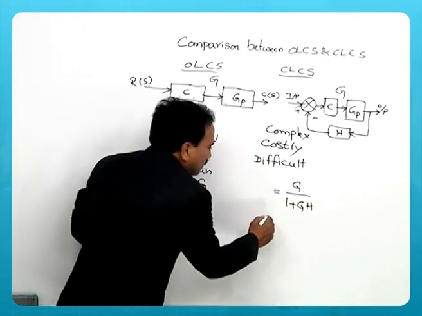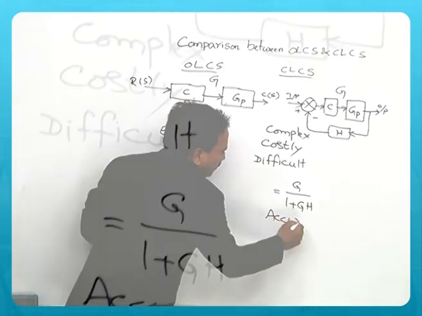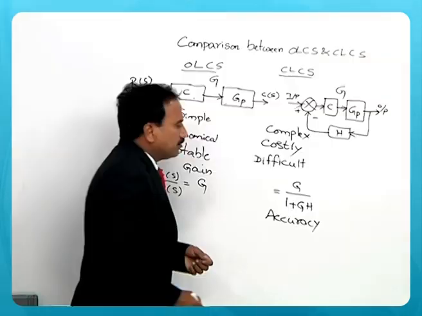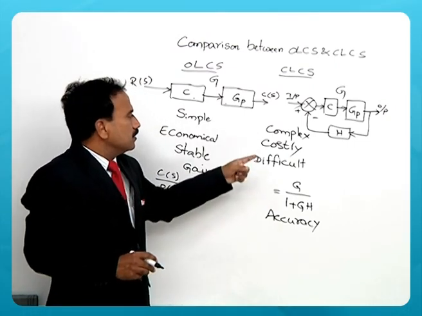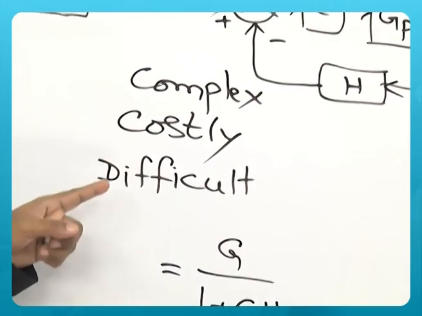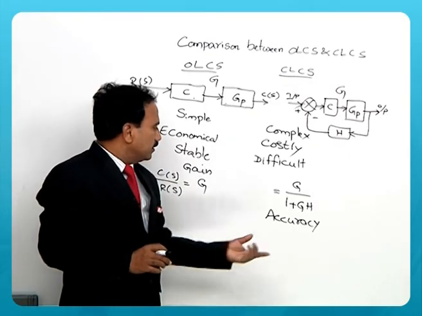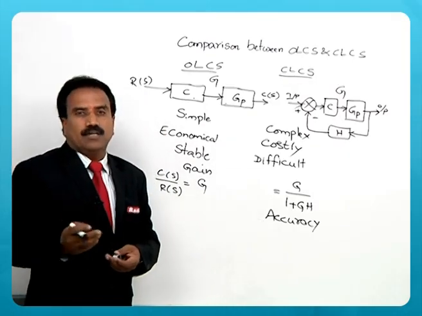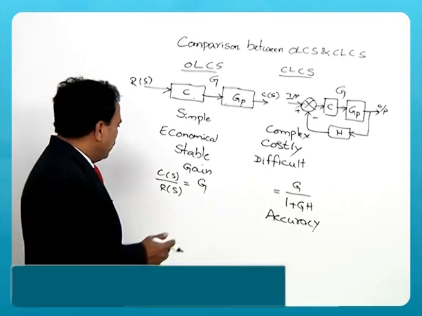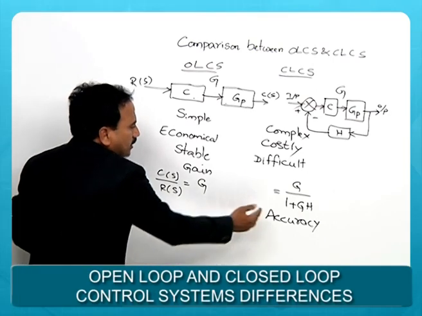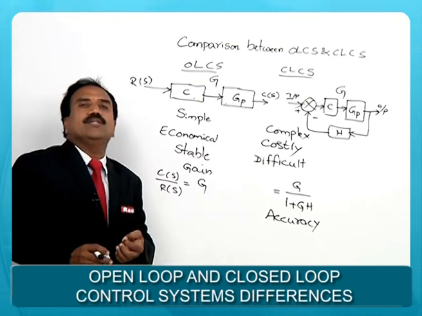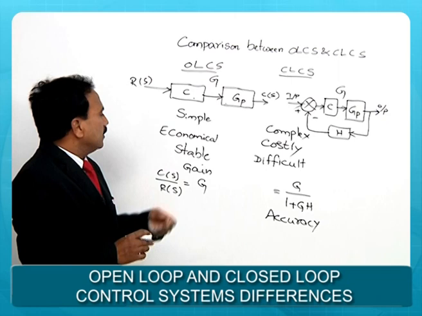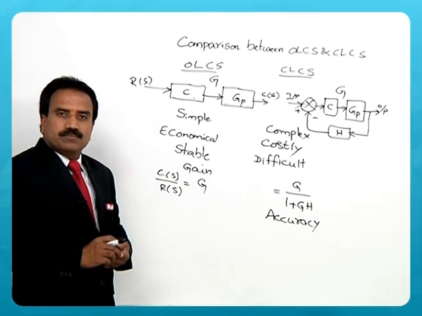So I can say that accuracy is the plus point of a closed loop control system, though it is complex to construct, costly and difficult, but you can achieve an accurate output. And in the open loop, I can't say that it is accurate. It may be desired, but not accurate output you can expect in open loop control system.